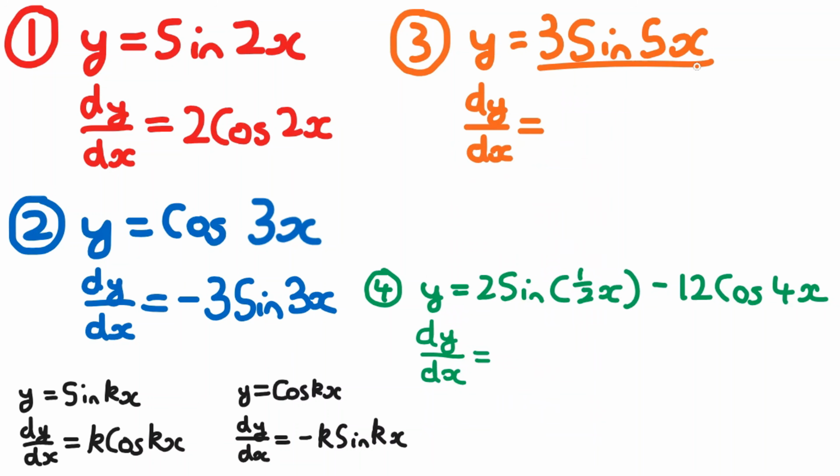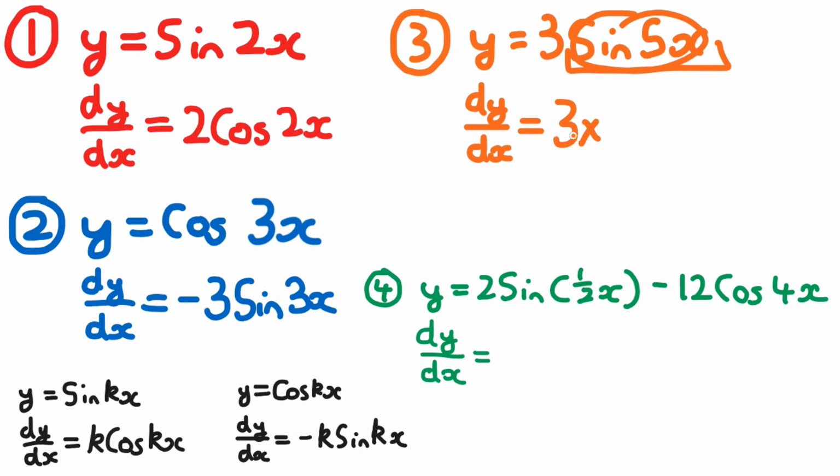Okay, let's say that y is equal to 3 sin of 5x. Now, we talked about this in the year 1 differentiation video. When we have the coefficient here at the front, this doesn't have an effect. All that we do is multiply what we differentiate by 3 as well. So remember, this is actually 3 times sin of 5x. So dy over dx is also 3 times, and then we individually differentiate this and separate this.